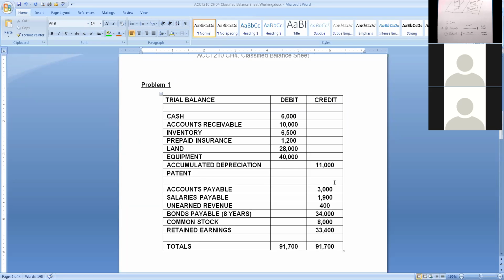This is what's called a post-closing trial balance. We'll talk about closing a little bit next class. But post-closing means you've closed out the revenue accounts and dividends.